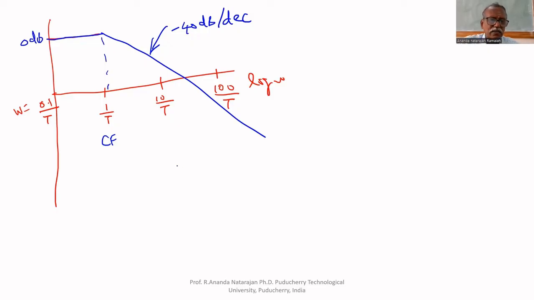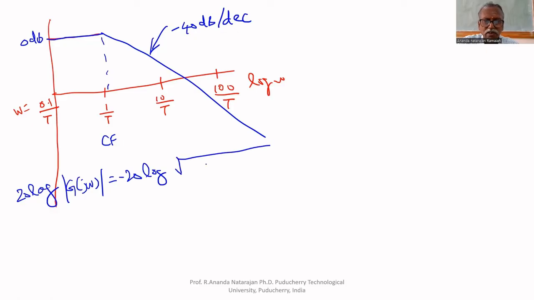If you consider the complete expression, 20 log modulus of g of j omega equal to minus 20 log square root of (1 minus omega square tau square) whole square plus 4 zeta square tau square omega square. If you consider complete of this, it is a function of zeta.